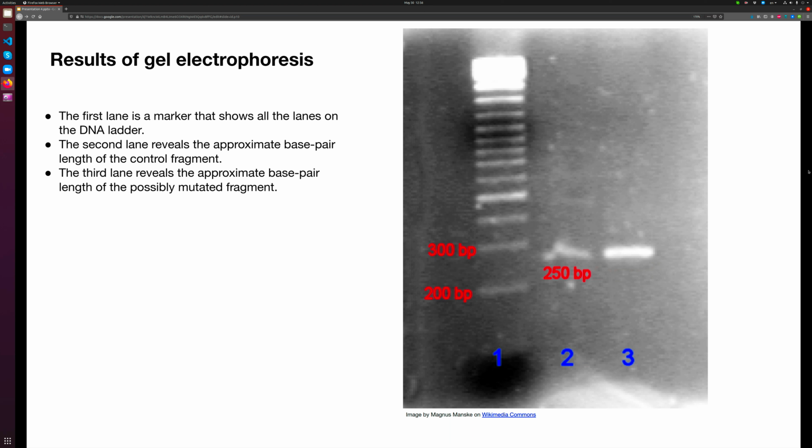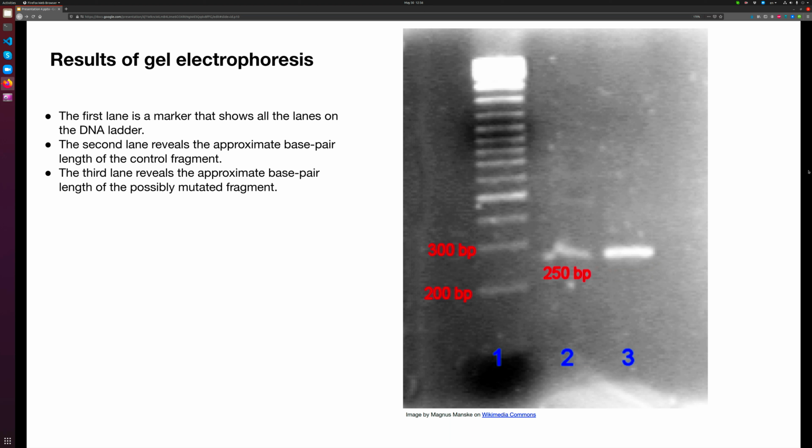So you can see the first is just a marker. The second one is this 250 base pair mark of intensity, so that's 2. And then 3 is another 250 base pair mark, so they match. Might be a photographic error that it goes a little on the top. But you can see it already matches.